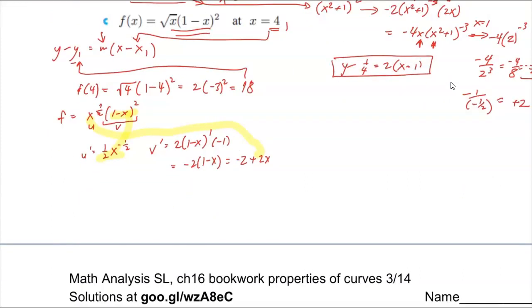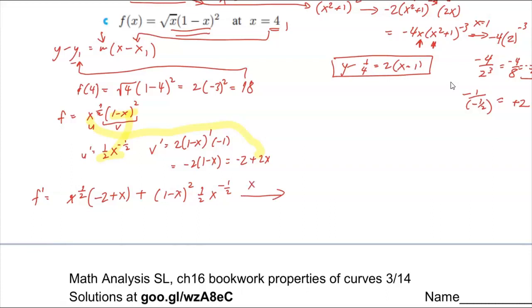So the u, which is x to the 1/2, gets multiplied times negative 2 plus x, and the v gets multiplied times u dash, which is 1/2 x to the negative 1/2. Okay, so here is our derivative, and we would like to find the derivative at x equals 4.